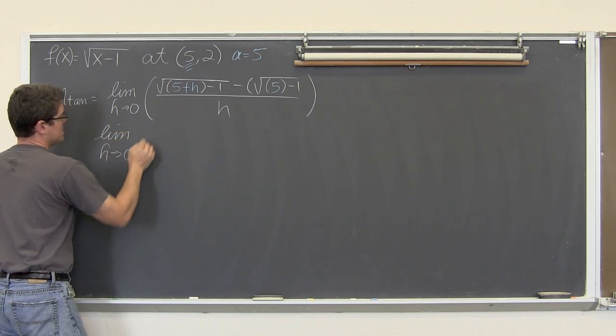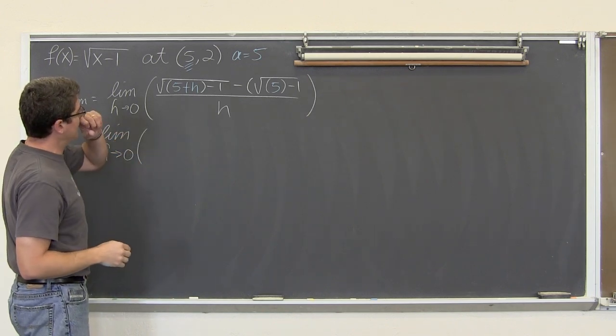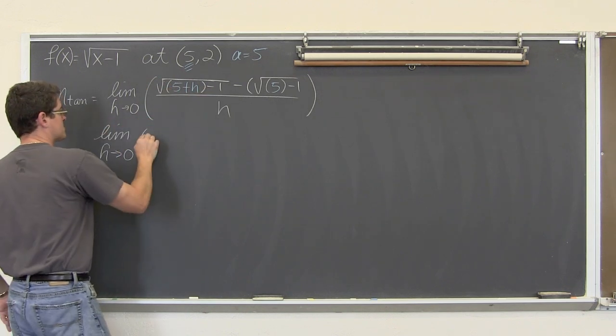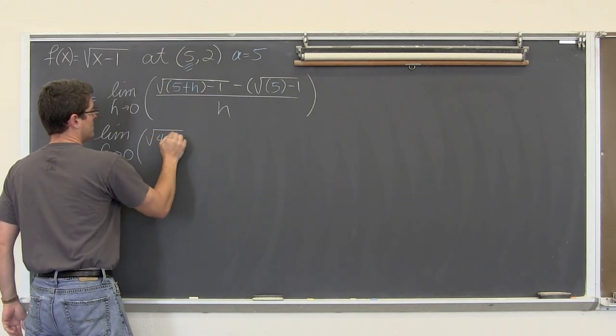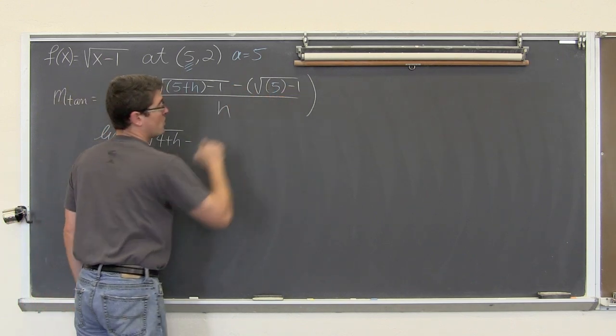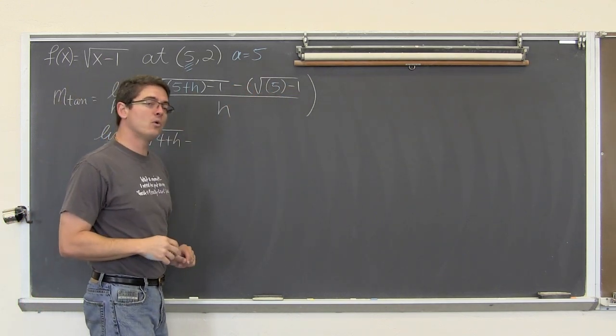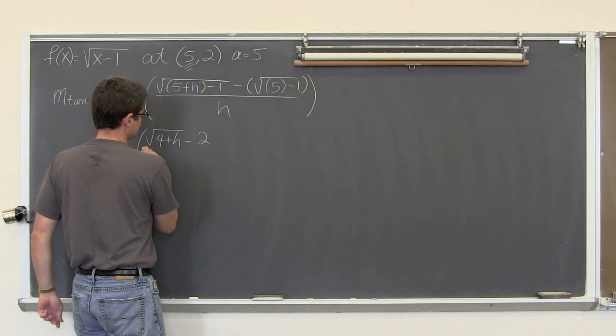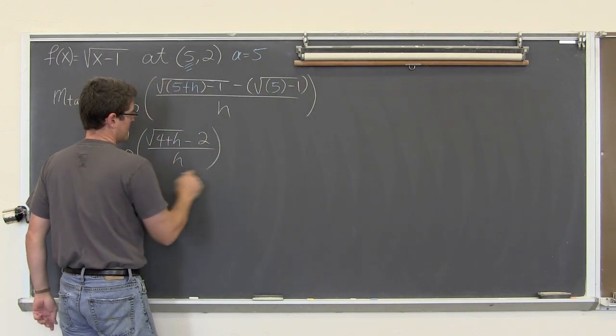as h approaches 0 of, well, let's see. 5 minus 1 is 4, so the square root of 4 plus h minus the square root of 4, which is equal to 2, over h.